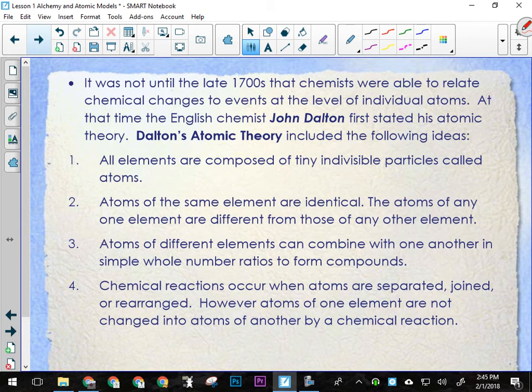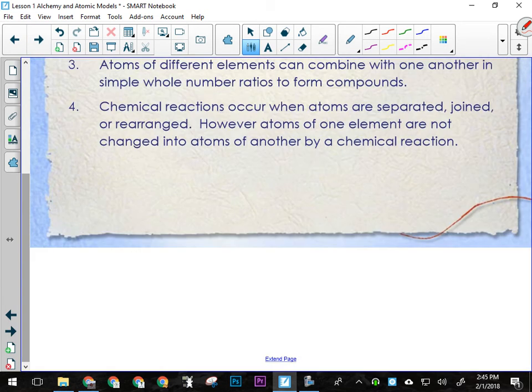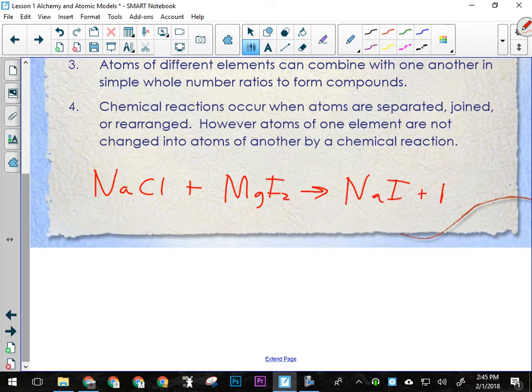So as an example, if I look at a chemical reaction like, let's say this one. In this chemical reaction, how many different elements are there?